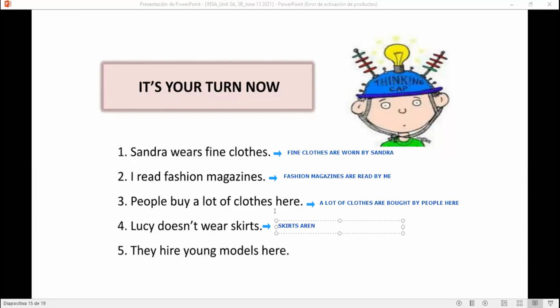Porque son skirts, muchas. Exacto, esa es la respuesta, porque son skirts y son muchas. Ahí nos dicen plural. Faldas, las faldas no son usadas, ¿cómo diríamos? Aren't worn. Sí, no se olviden que el verbo es el que le vamos a transformar al pasado participio. Skirts aren't worn by.